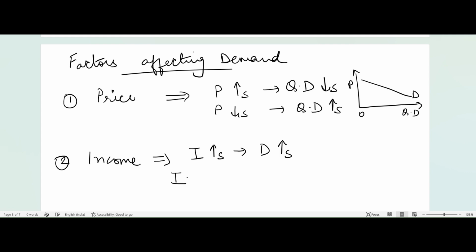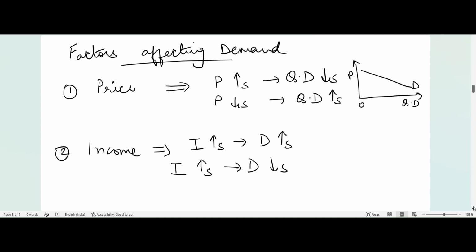As your income increases, it might also happen that the demand for certain products might go down. Let me explain with examples, that will be much better.